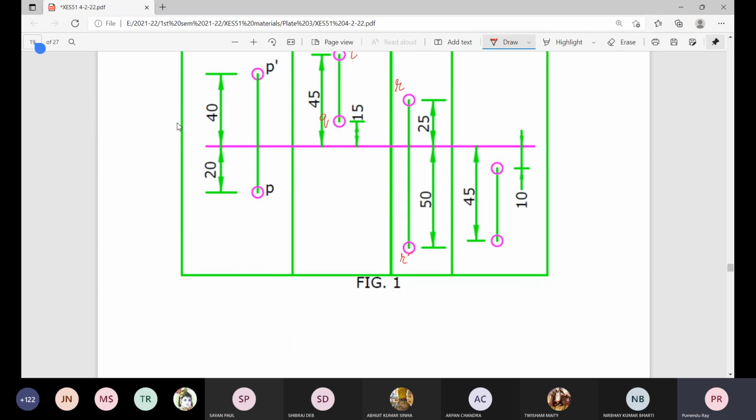So this is plane, 10 millimeter in front of VP and 45 millimeter below HP. So distance from HP comes in elevation, distance from VP comes in plane.